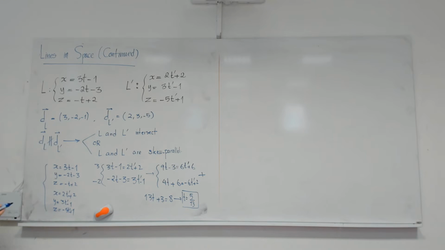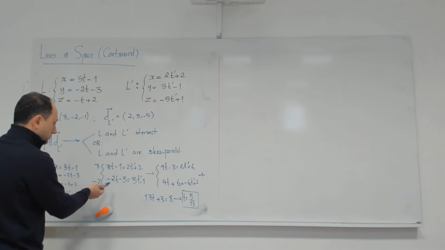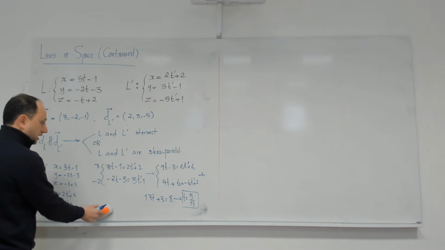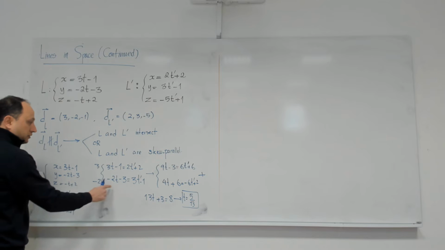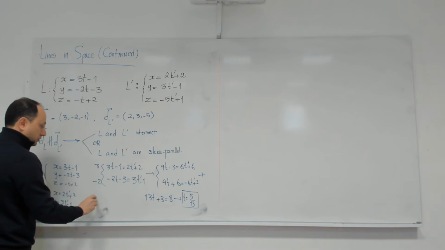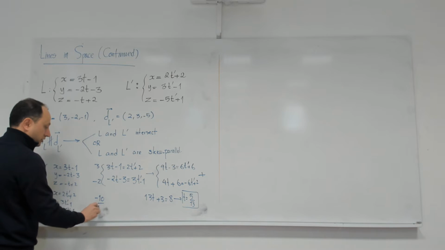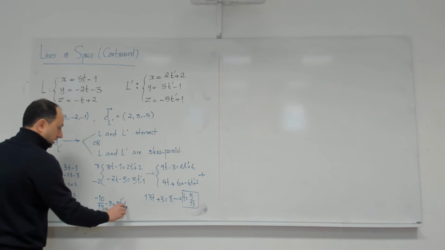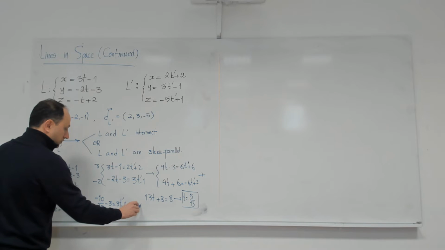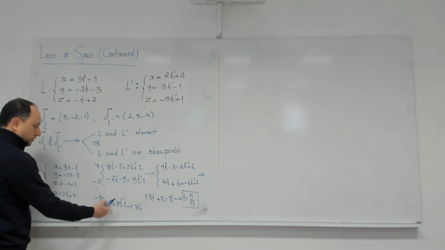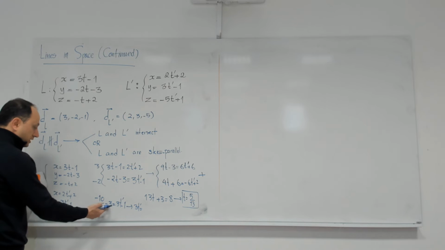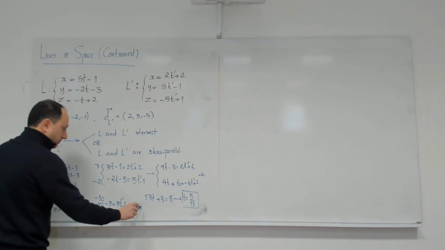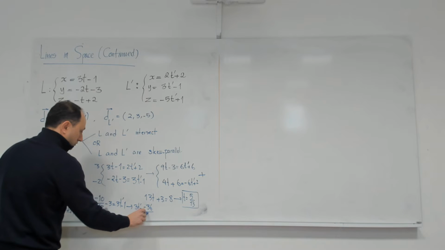And then I choose one of the equations, for example here, and calculate t prime. If I put t here and multiply by minus 2, it becomes minus 10 over 13. And then I have minus 3 is equal to 3t prime minus 1. So this means that 3t prime is equal to, I move this minus 1 to the other side, so it becomes negative 2, negative 36 over 13.